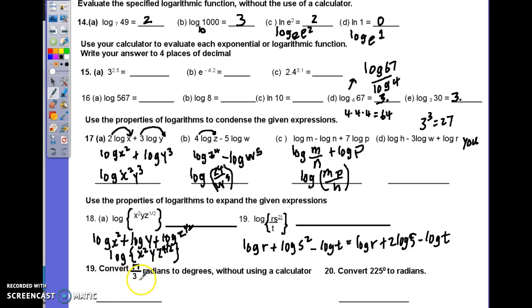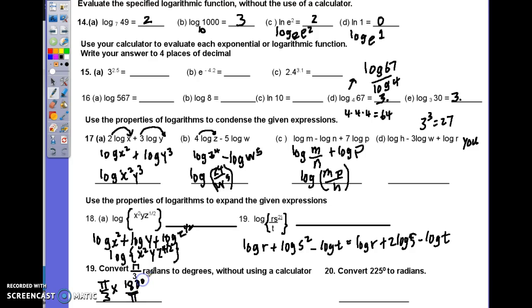Finally here we have converting pi over 3 radians to degrees. So how do you do that again? Well, when we're going from radians to degrees, no calculator here, our conversion factor is 180 over pi.